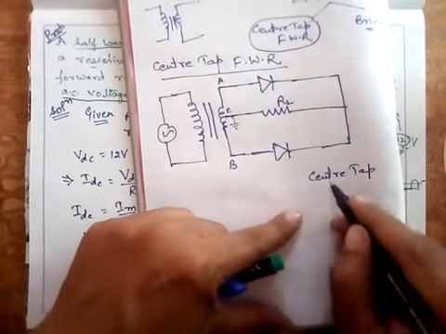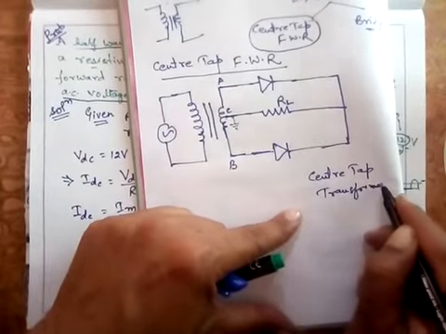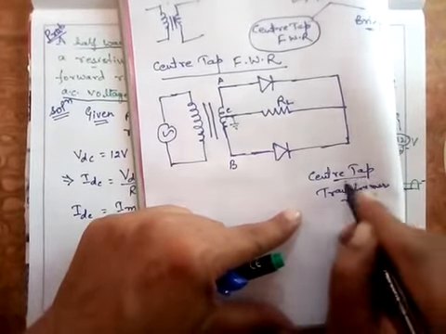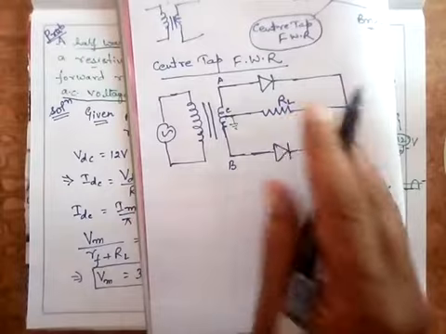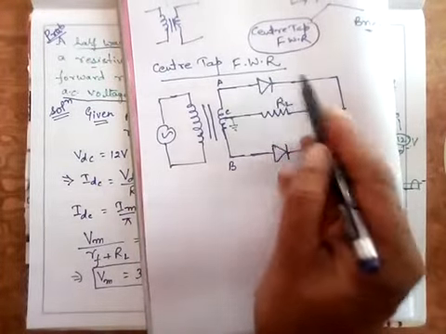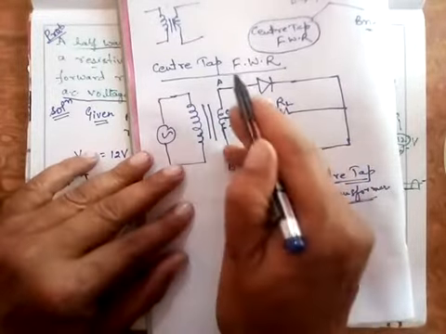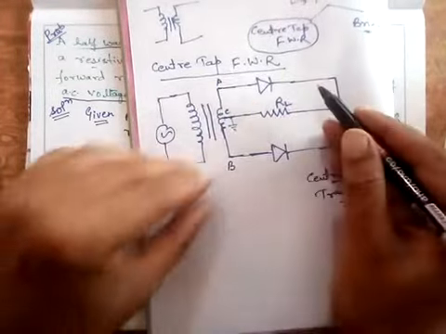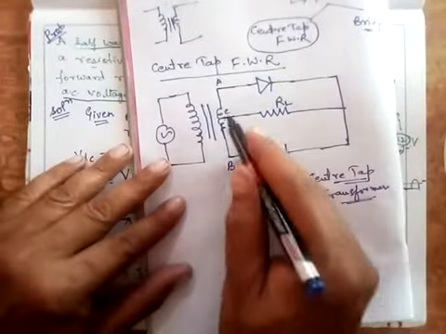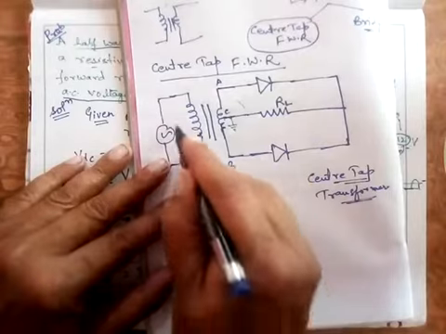Because this circuit is using a center tap transformer, it is called a center tap full wave rectifier. How it rectifies fully, I'll discuss later on, but the point here is about this center tap transformer.